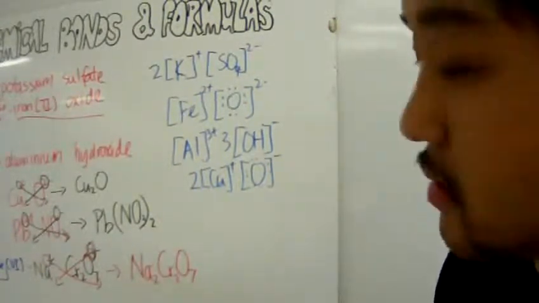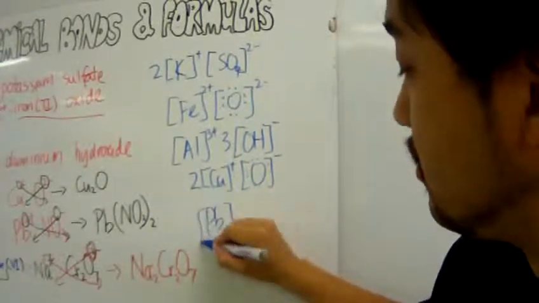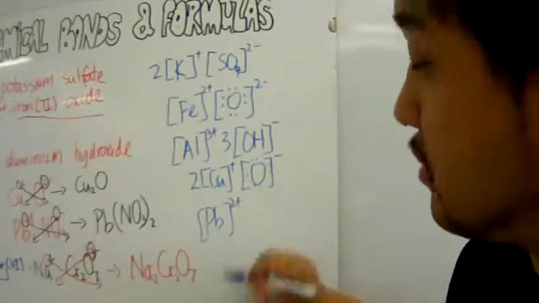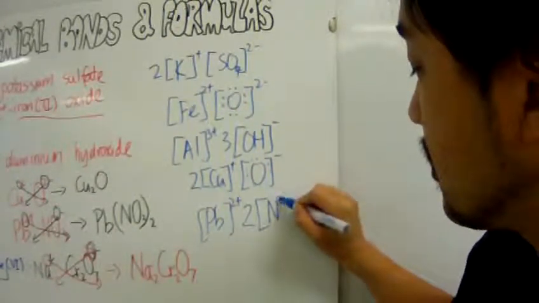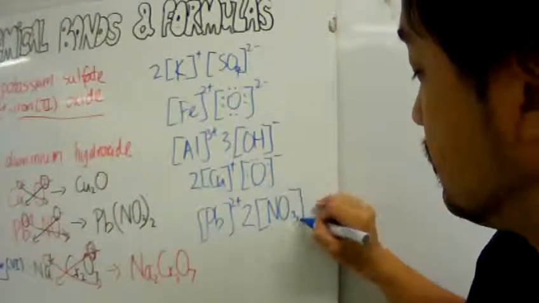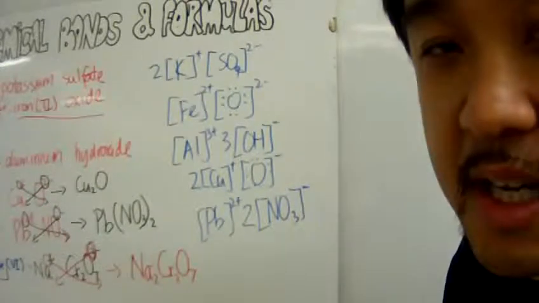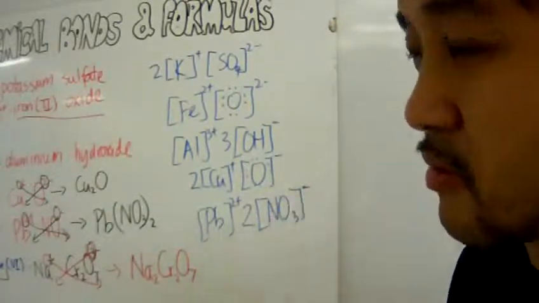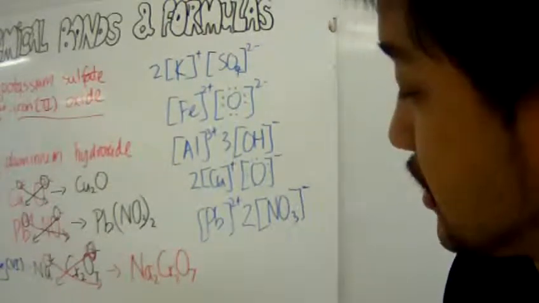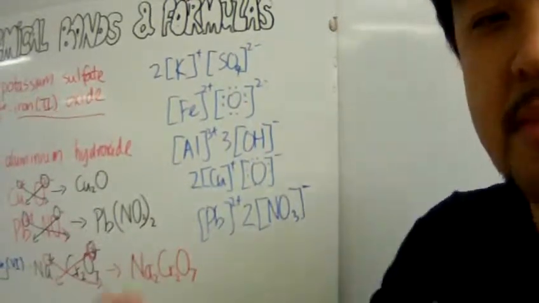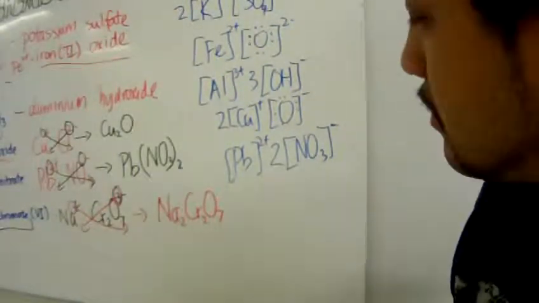Lead(II) nitrate. You have 1 lead ion with a 2 plus charge, and you have 2 nitrates. And you've got to write the charge, just because you want people to know the charge of nitrate. And finally, we have sodium dichromate(VI).